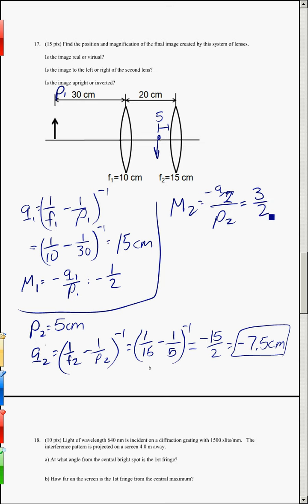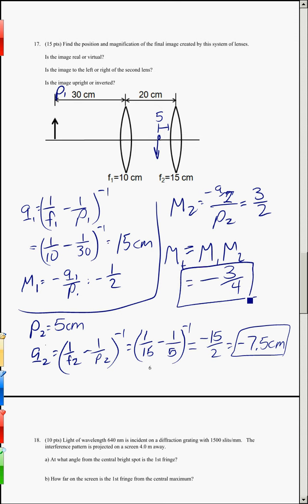Positive 3/2, because Q2 is negative. And now my total magnification is equal to M1 times M2, which is negative 1/2 times positive 3/2. That is negative 3/4. So that's my magnification.